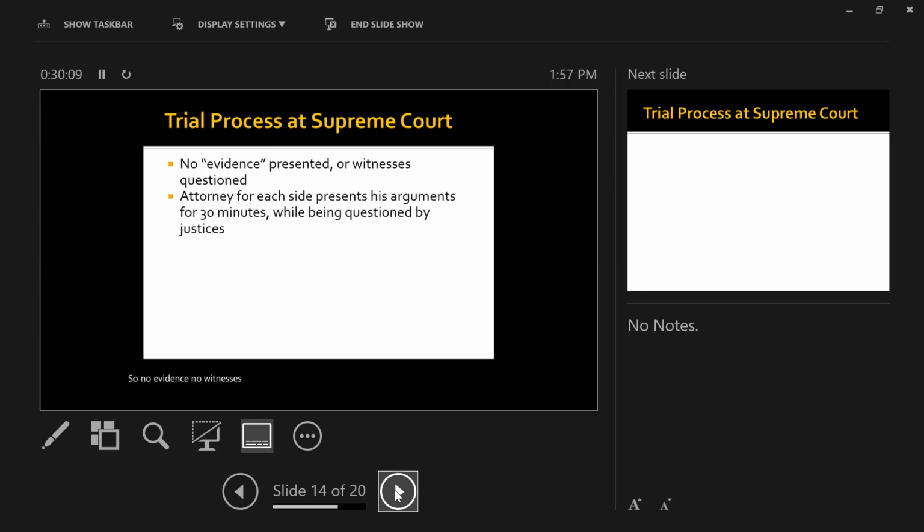Instead, the attorney for each side will present their arguments for 30 minutes while being questioned by the judges.